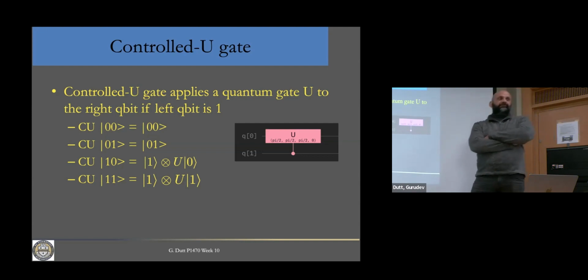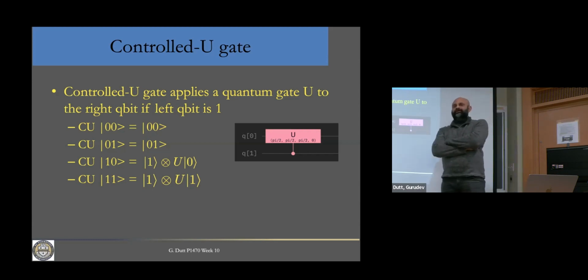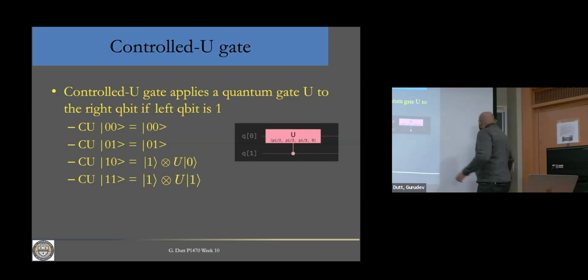So what does the matrix of the control Z gate look like? Yes? Were you going to say something? Yes. Does it just look like, I don't know how to best describe it. Yeah, sure. So the 2 by 2 identity matrix, and then 1, 0, 0, -1. Okay, let's write it up.